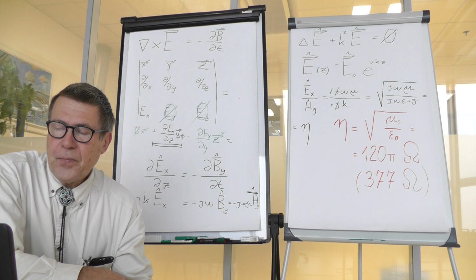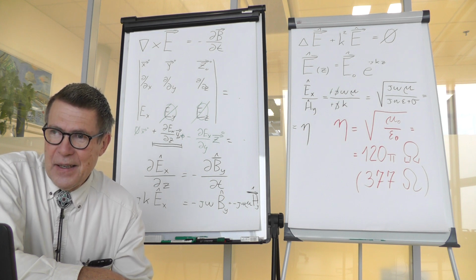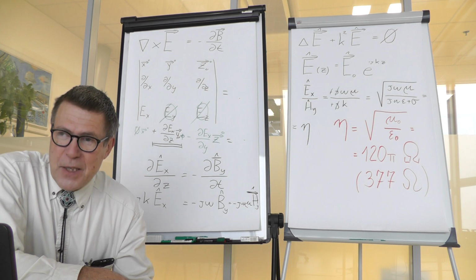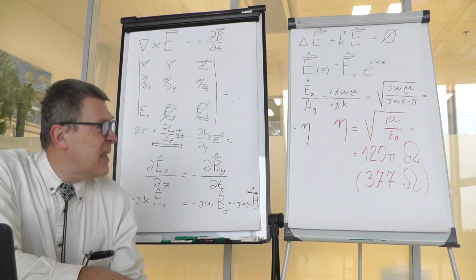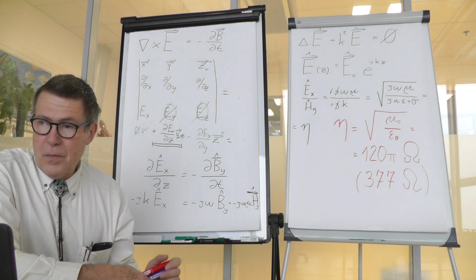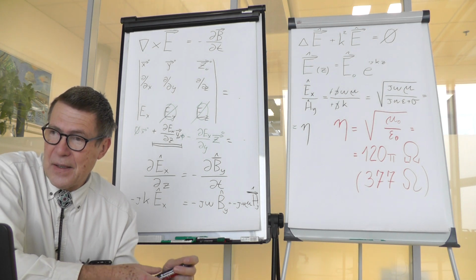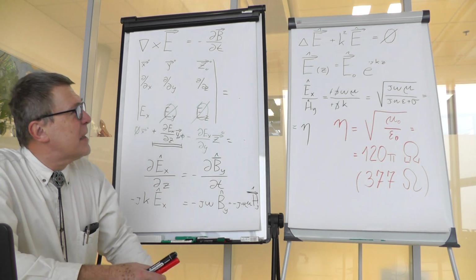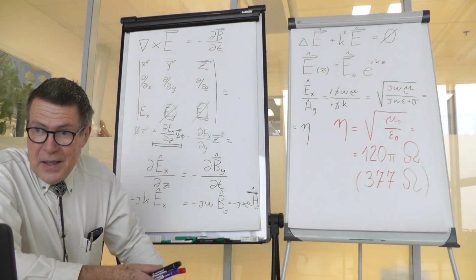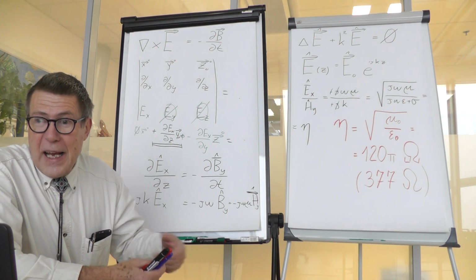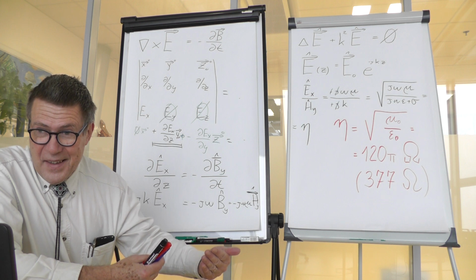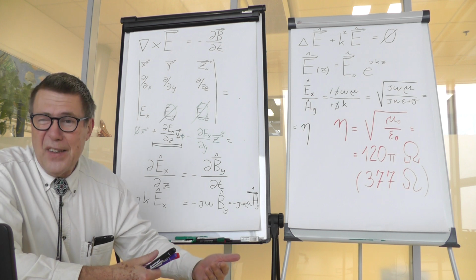Well, in the case that you can neglect displacement current against real current, against conduction current, which is the case we call a conductor, in that case it would be 45 degrees.